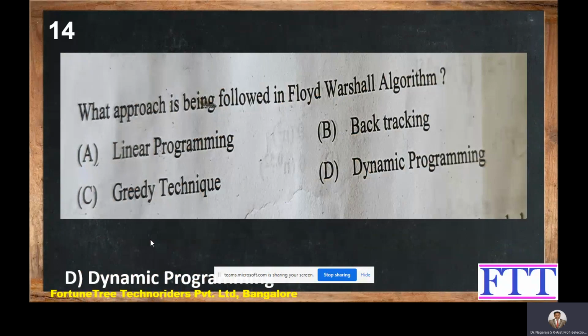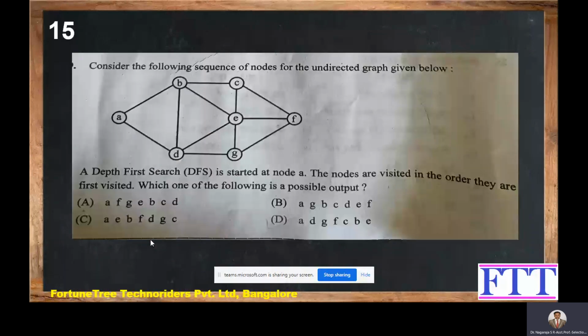So move to the 15th. Considering the following sequence of nodes for the undirected graph given below, a depth first search is started at node A. The nodes are visited in the order they are first visited. Which one of the following is a possible output?